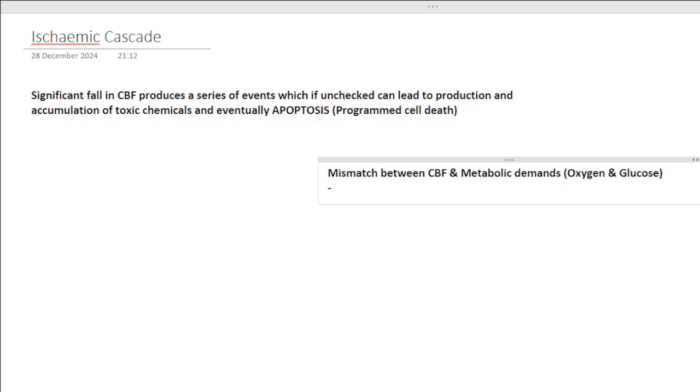So it can lead to electrical failure. Just now we saw that after a certain point it can lead to electrical failure, and then eventually it can lead to what?